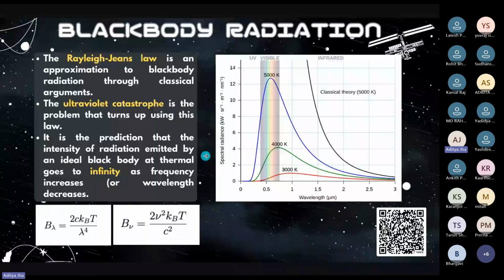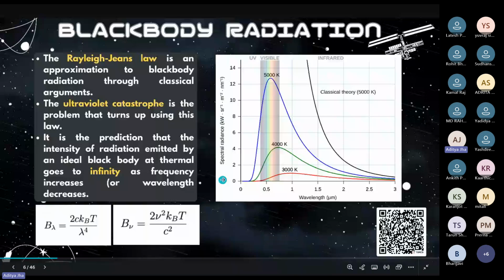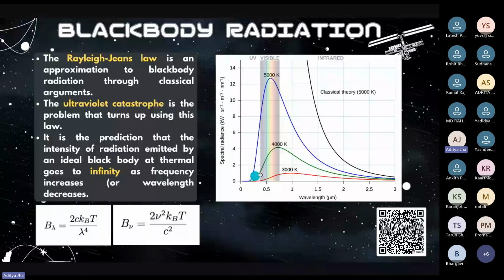When you calculate this value for lower wavelengths or higher frequencies, it starts going to infinity, as given by this black graph. This is the graph predicted by the Rayleigh-Jeans law, and that turns out to be a problem, because you can't have the intensity of radiation going to infinity. That's not possible. So that was a big problem in the Rayleigh-Jeans law.